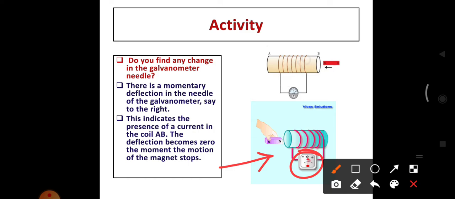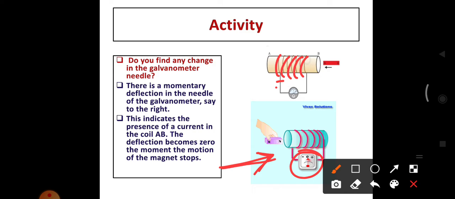Here I have not connected any battery. If a battery is connected, there is current flow. Here there is no battery. But when I move the magnet into the coil, the galvanometer deflects. That means in this coil some current is produced.